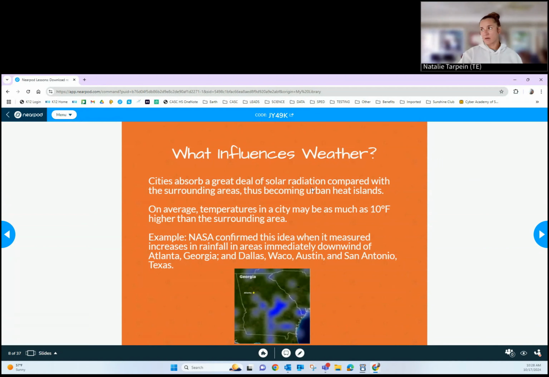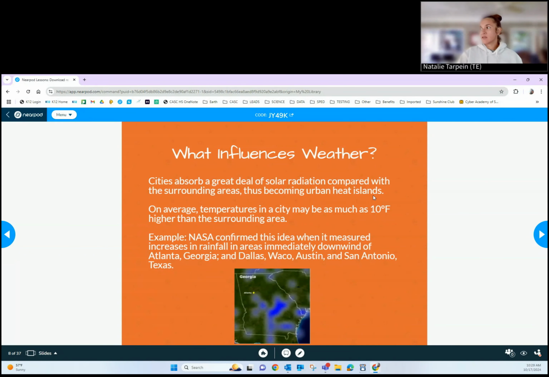Another thing here that's more of a human influence is cities, believe it or not. Cities are going to be absorbing a lot of that solar radiation just because they're darker colored. That's a big part of it. It's called the albedo effect. And there's a term for that. It's called urban heat island.